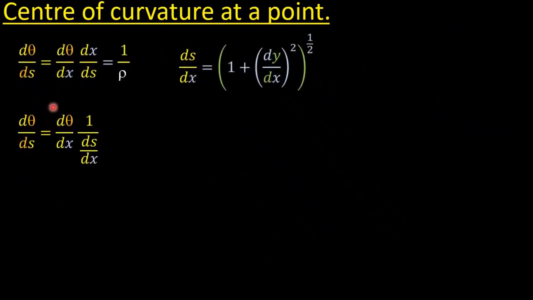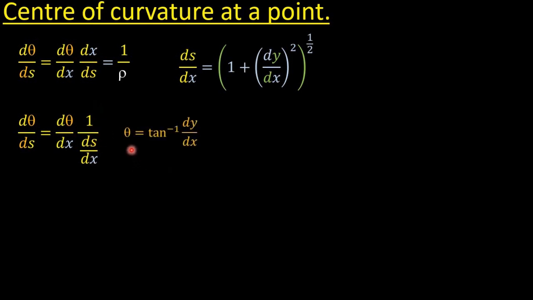So now what I can actually say is d theta ds equals d theta by dx times 1 over ds dx. So all I did was invert this: the inverse of ds dx will give us dx ds. So I've just rewritten this term like this.